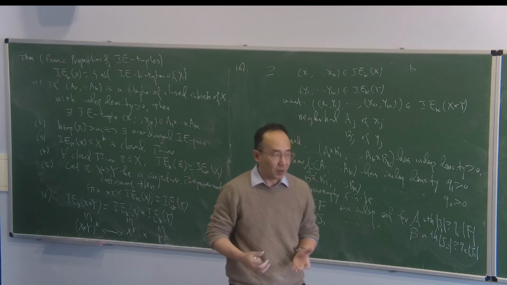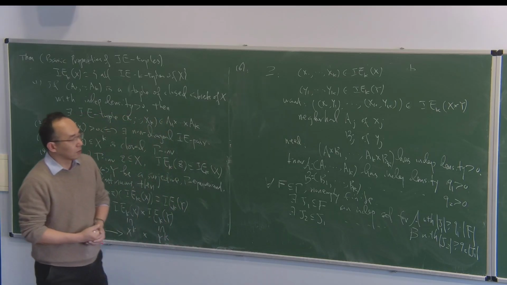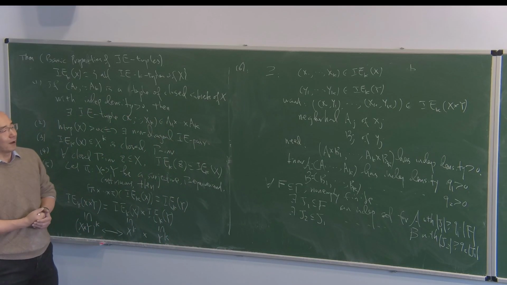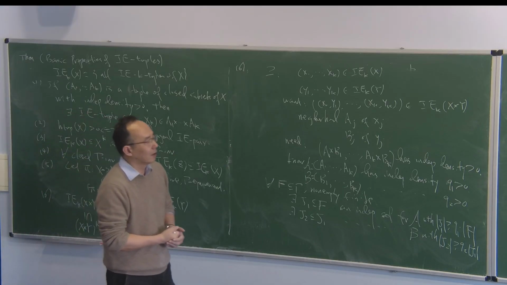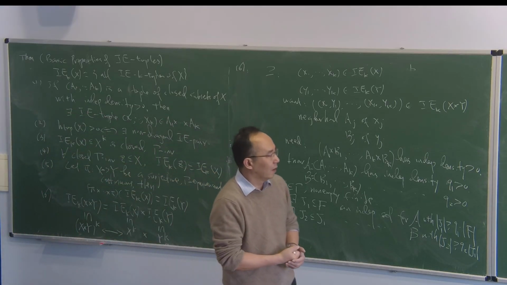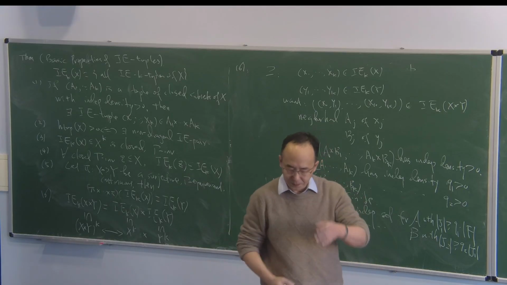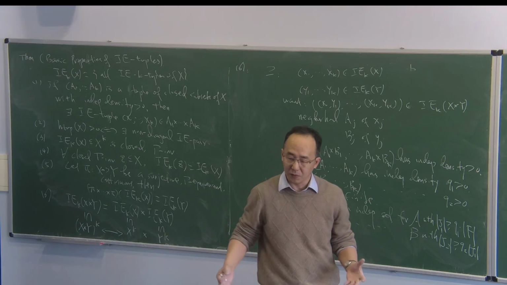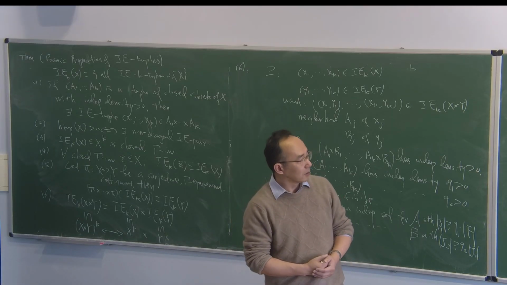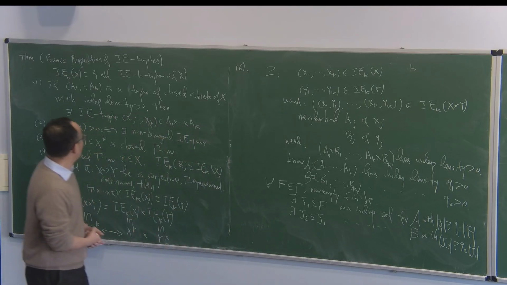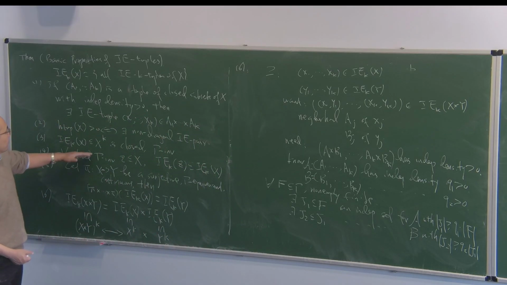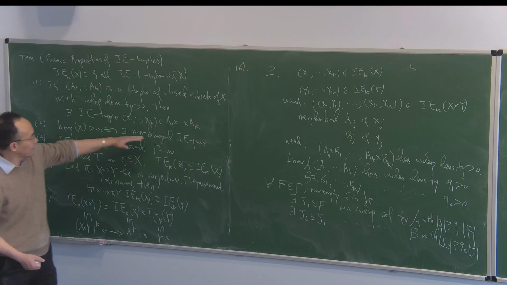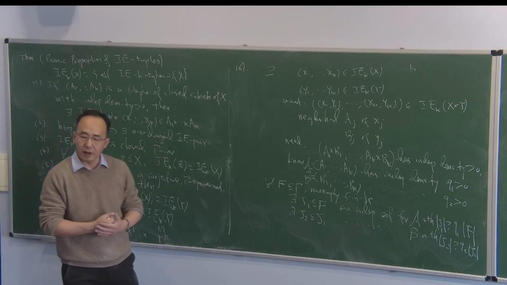For sofic groups, you can do a similar theory, and you can define IE tuples for the actions of sofic groups. And you can still get that the entropy is positive if and only if there are non-diagonal IE pairs there.